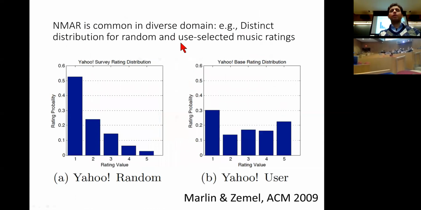If you look at, for example, the users that select music ratings, and you ask randomly, what should my score be? What you will find is that very few people give the best score. In fact, if you randomly assign music to people, you will see that most of the time they're not going to like what they listen to. And then some of the time they're going to like it a lot.